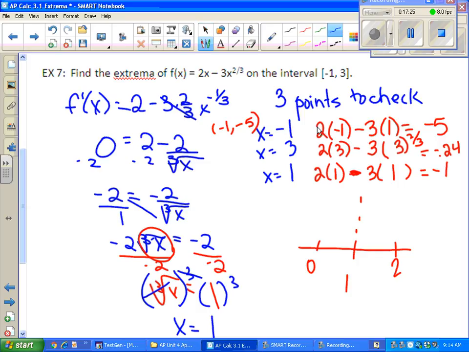Sign line really only applies so much when you're doing relative. You all didn't have to do sign lines on your homework, did you? Or check the change in the slope.